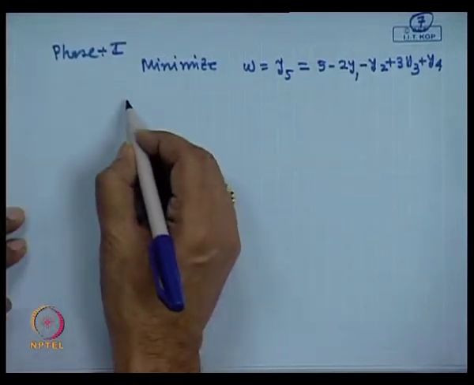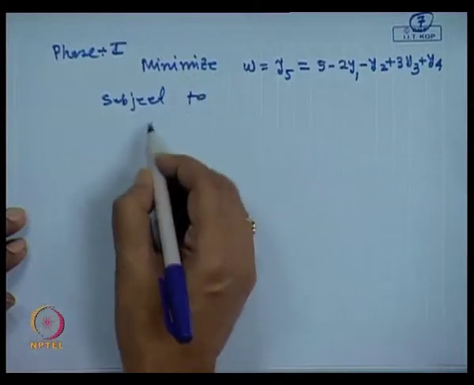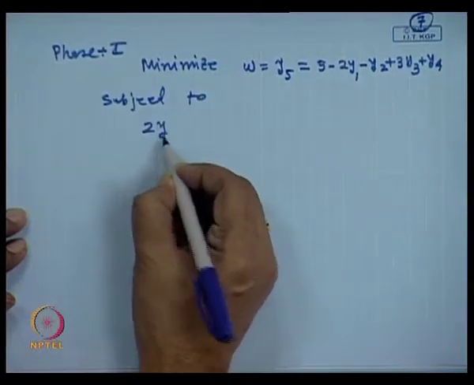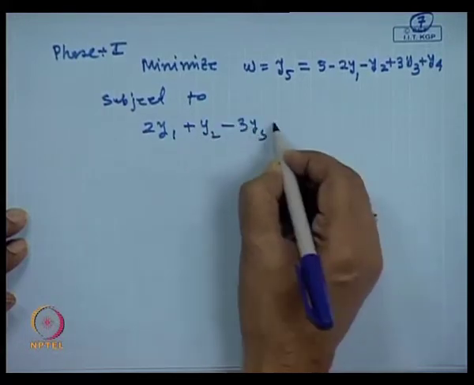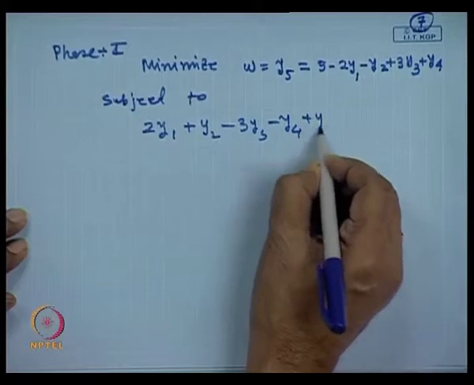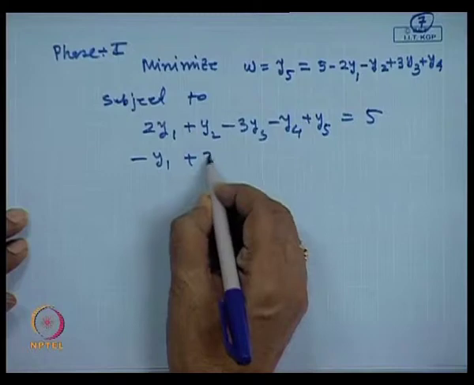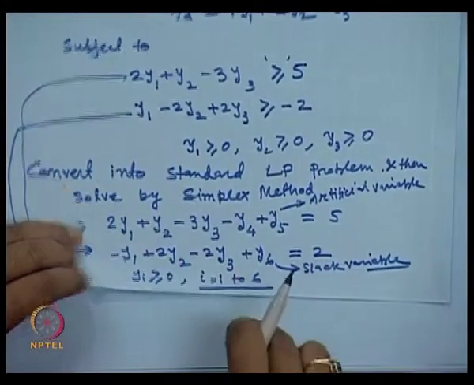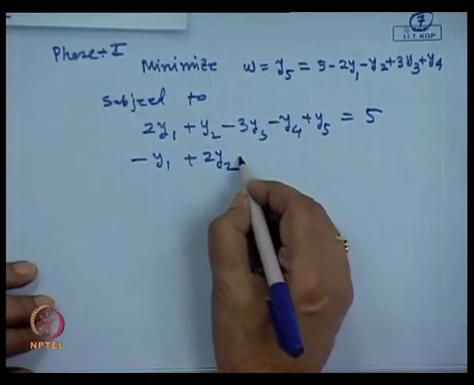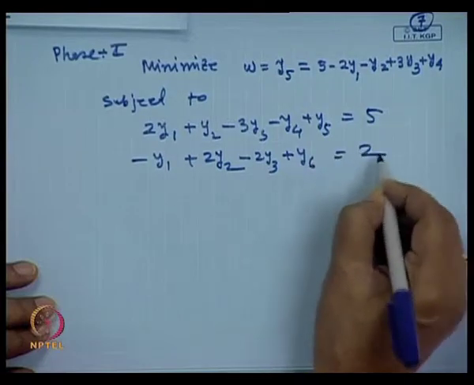Subject to these constraints: y1 plus y2 minus 3 y3 minus y4 plus y5 is equal to 5, and minus y1 plus y2 minus 2 y3 plus y6 is equal to 2.